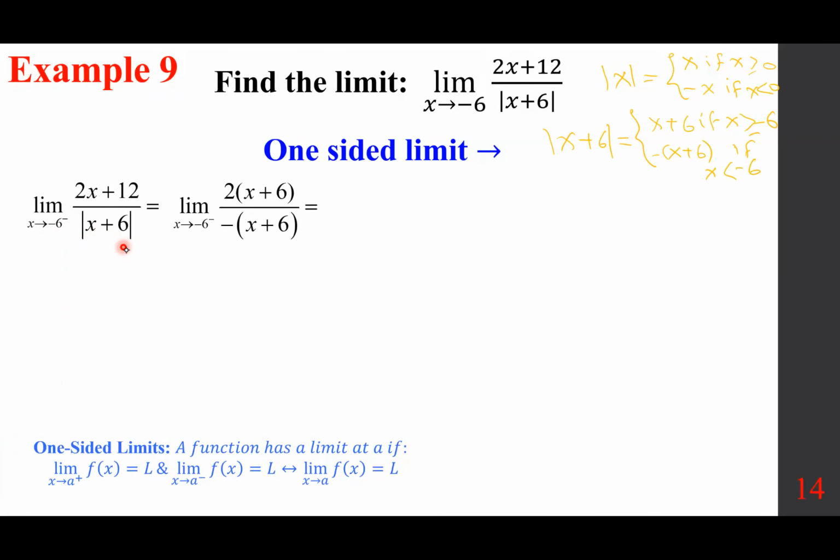In the meantime, we factor out the 2 from the numerator to make our life easy. Therefore, we can simplify this into -2.